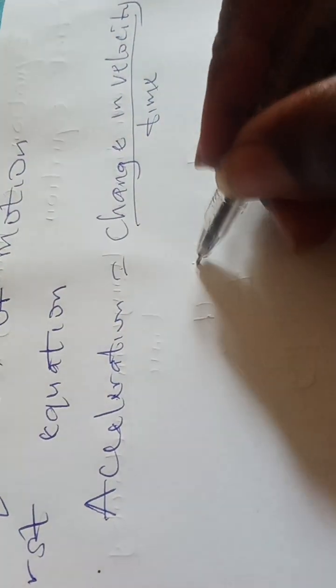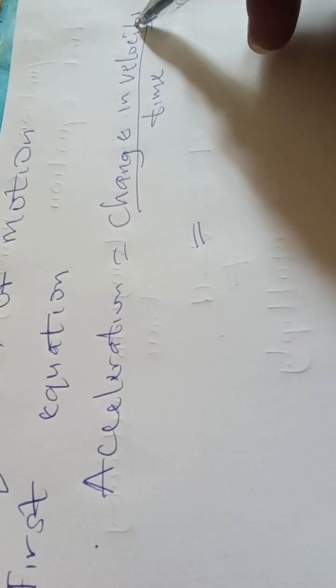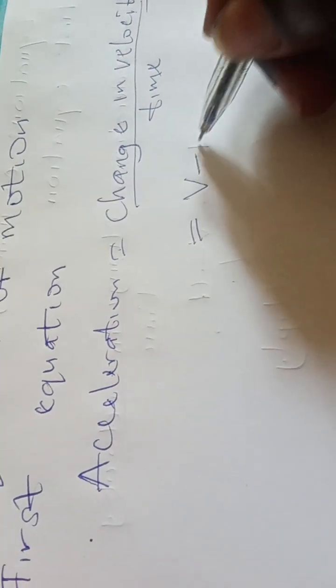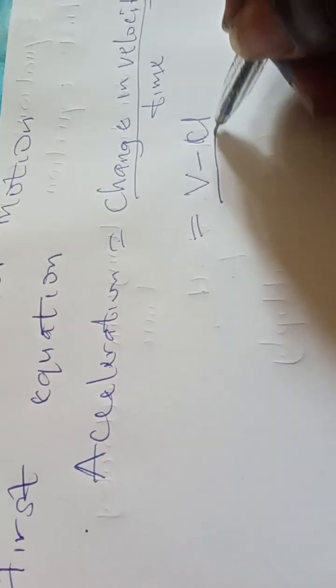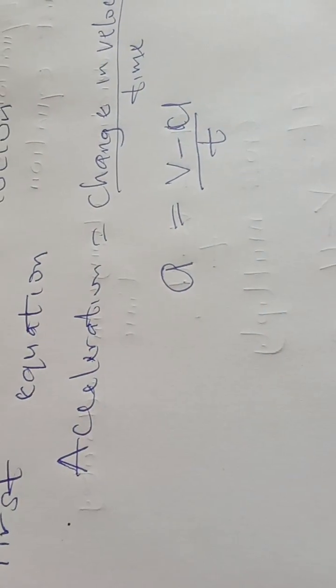A body at rest has initial velocity u, and when the body increases its velocity, we have final velocity v. So the change in velocity will be v minus u, over t. That means a is equal to v minus u over t.